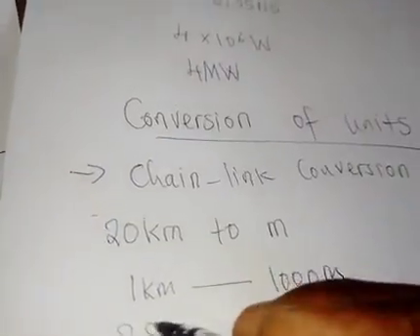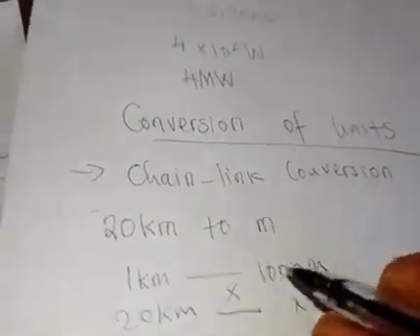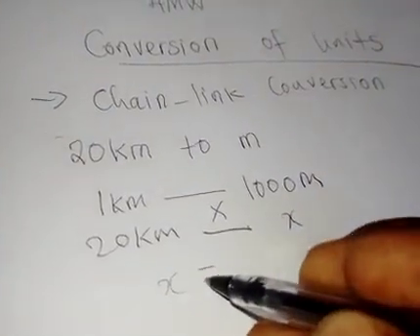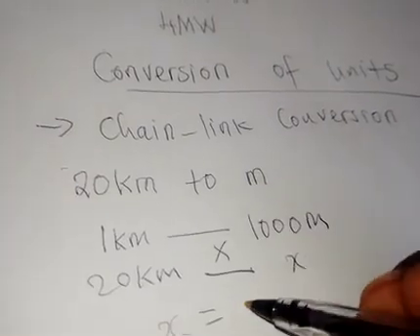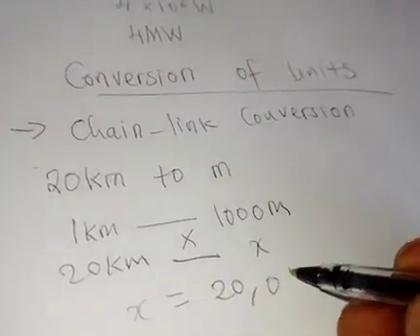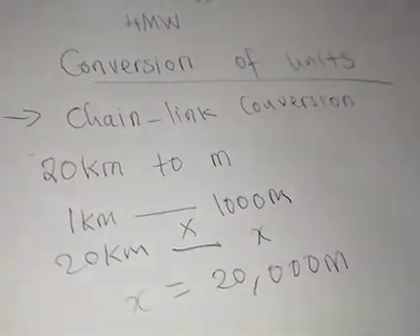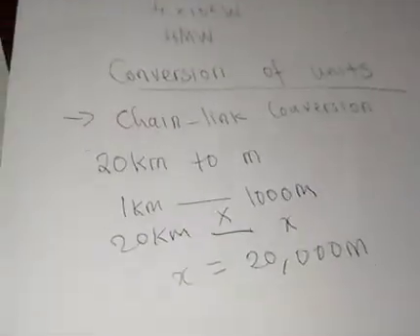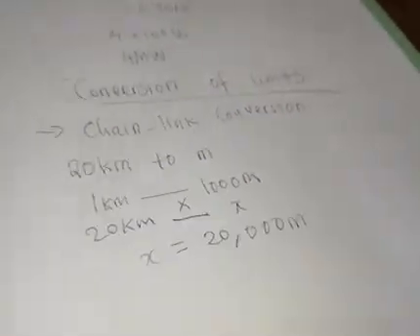Then you get your 20 kilometer, saying equals to x, you cross multiply, then x will be equals to 20 times that 1,000, you end up having 20,000 meters. You have converted the 20 kilometer to meters using the proportional method.